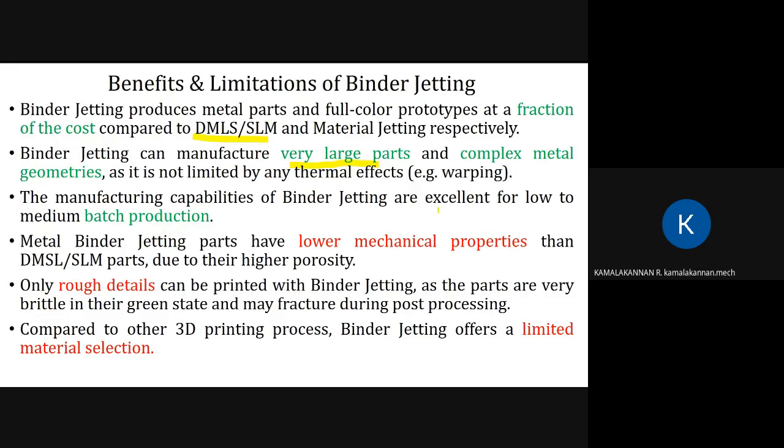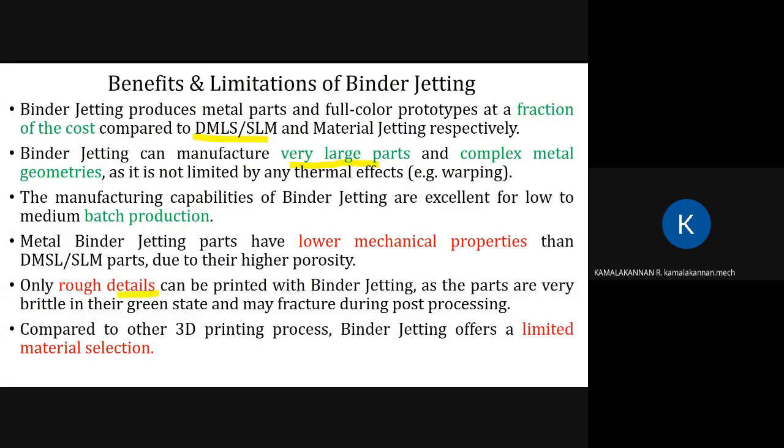Then what's the negative? Yes, of course, it has some negatives. The negative is nothing but low mechanical properties, because once the process is completed, it will be in a brittle state. So it has less mechanical properties compared to others, and finishing might not be as we expect.